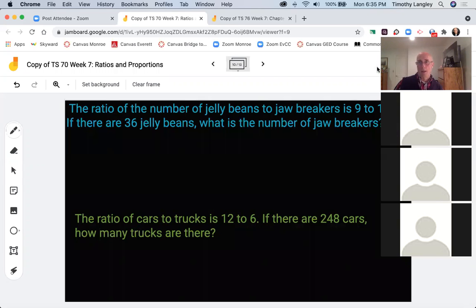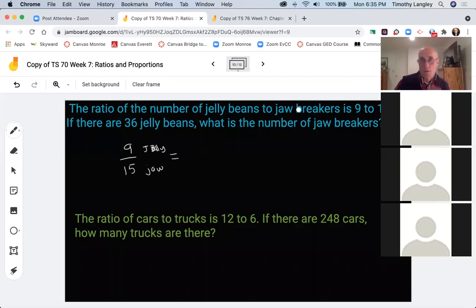So I've got 9 to 15 as my first ratio. I'll call these jelly, and this, jaw, the jawbreakers.